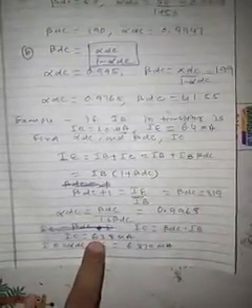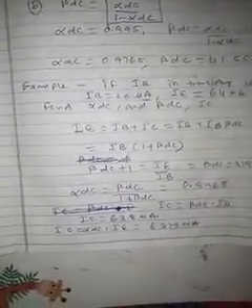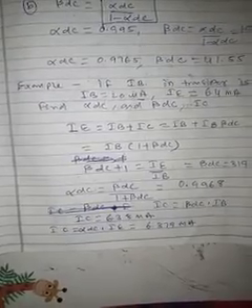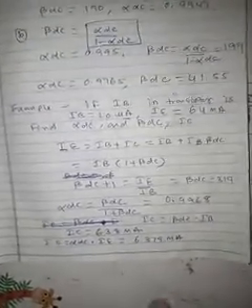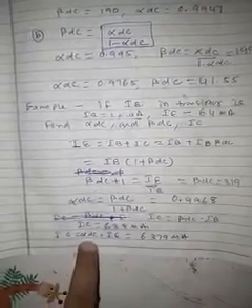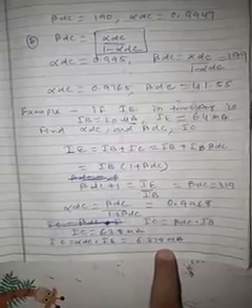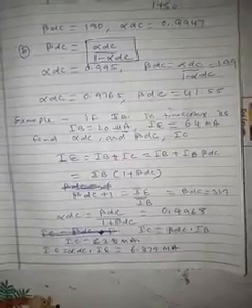IC is 6.38 milliamps. There are two equations here. The first one is this IC, and the second one, by use of alpha DC, you can also find IC, that is IC equal to alpha DC into IE, which gives 6.379. Are you getting? There are two ways.